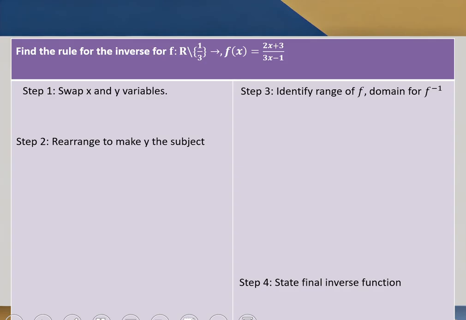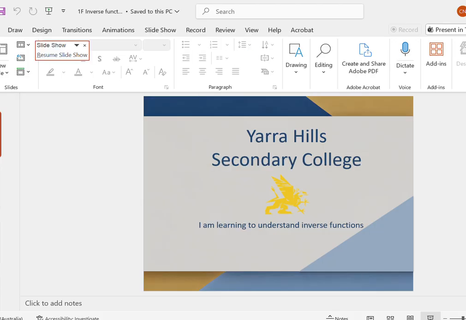Then we'll have a go at this question. It's find the rule for the inverse for f for real numbers except 1/3. Should be for all real numbers.